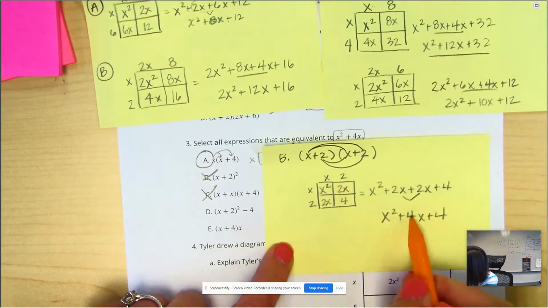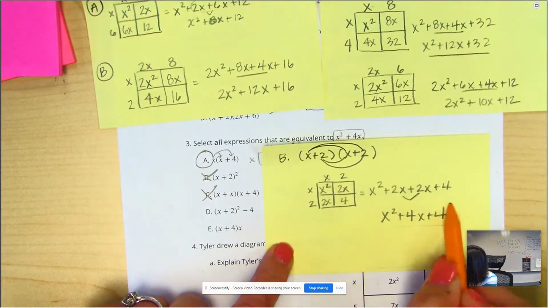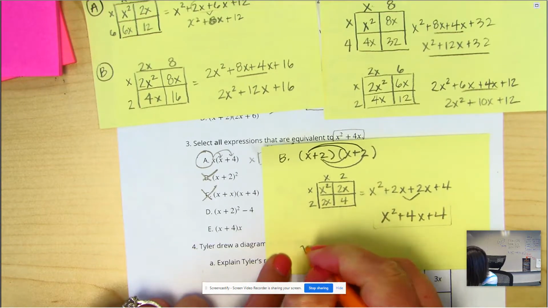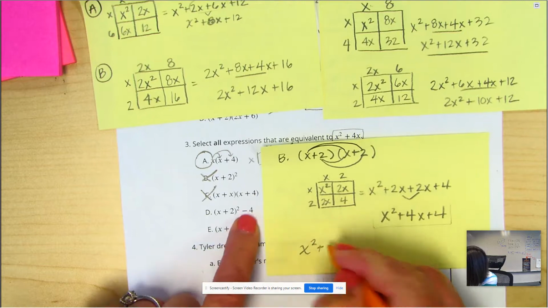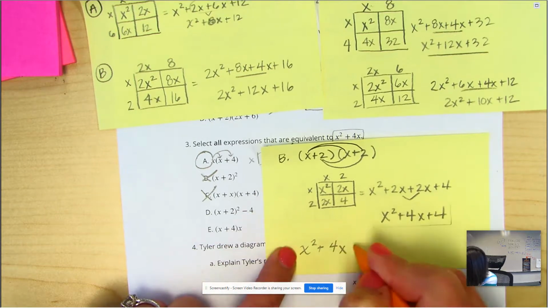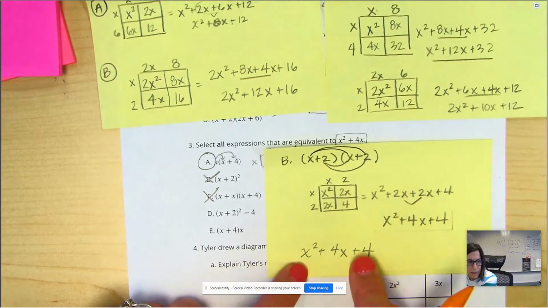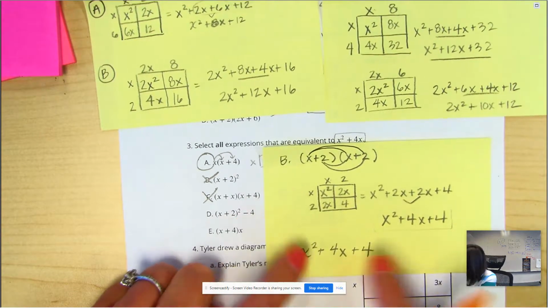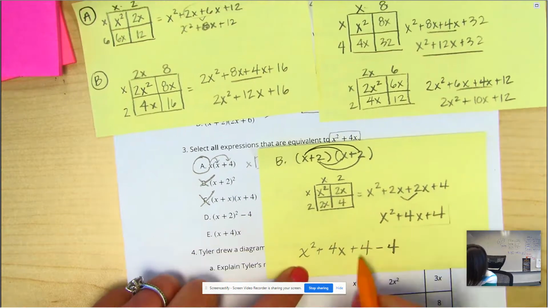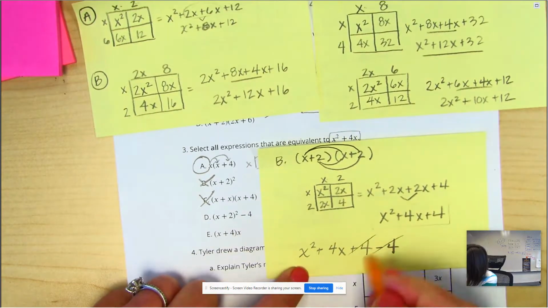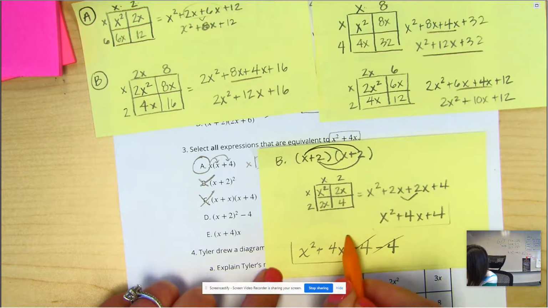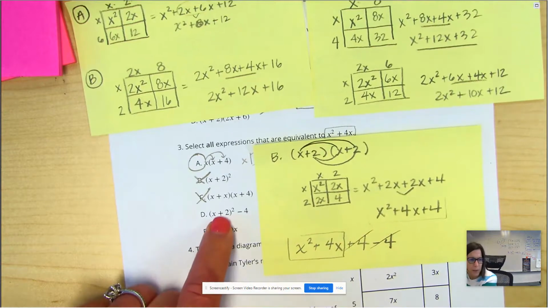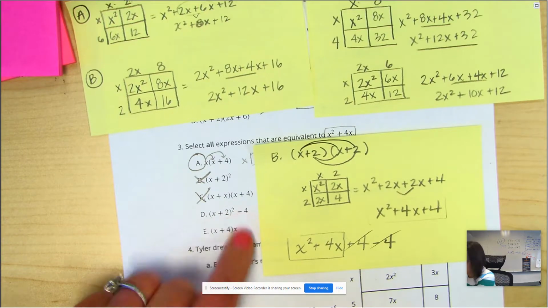This was the result of x plus 2 squared, and then we take the 4 away. It would get rid of this little piece here that was extra and then make it match. So I had already done that work for x plus 2 squared, and if I just take away that last 4, it is equivalent.